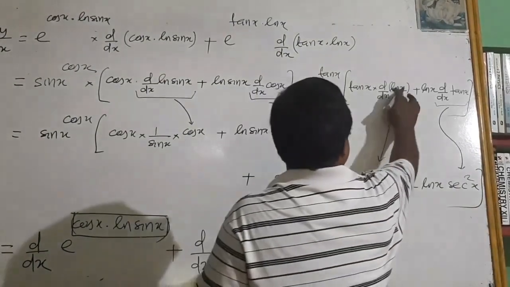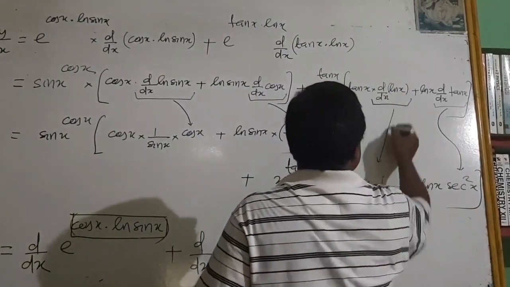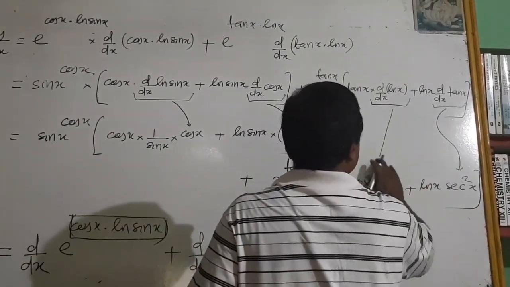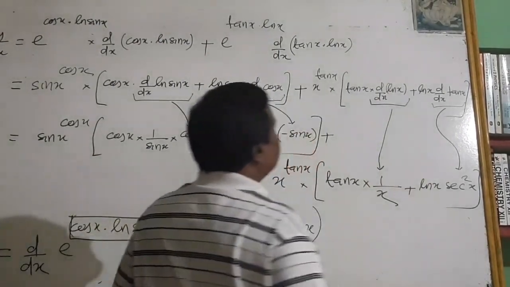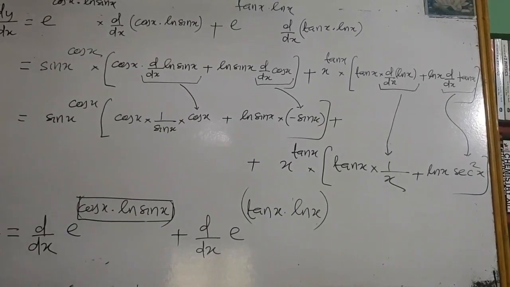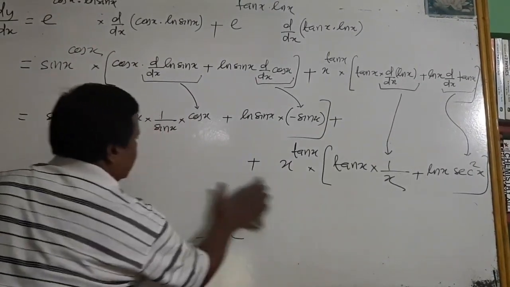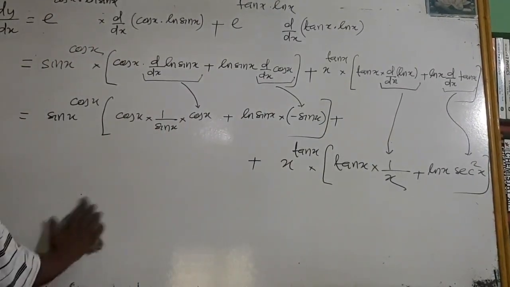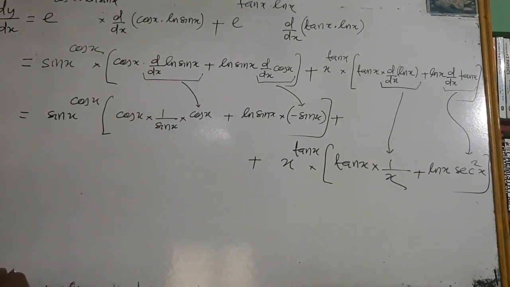Here it is ln x times 1 by x, and in place of d/dx tan x, I am writing sec square x. Now you arrange it and get the answer properly.